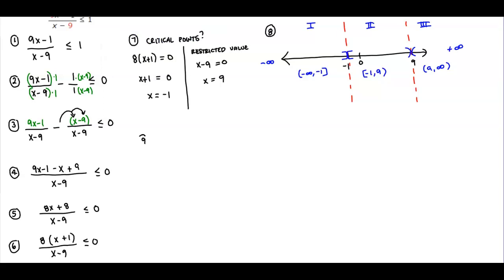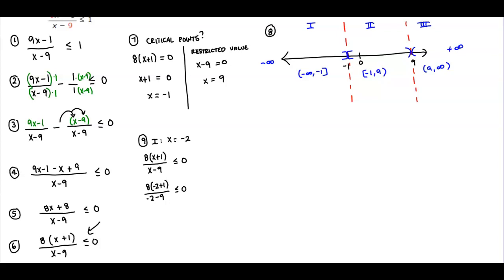Okay, now we're going to find our testing points for each region. For region number 1, we can pick x equal to negative 2. And we're going to use this inequality down here, because it's the easiest one to plug our numbers into. So this is 8 times x plus 1 over x minus 9. We want to see if that's less than or equal to 0. So we have 8 times negative 2 plus 1 over negative 2 minus 9.